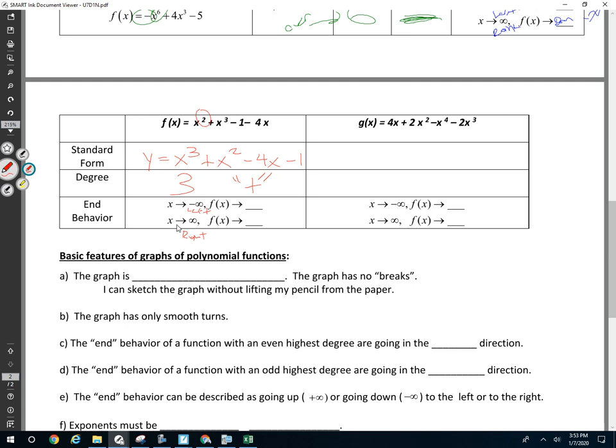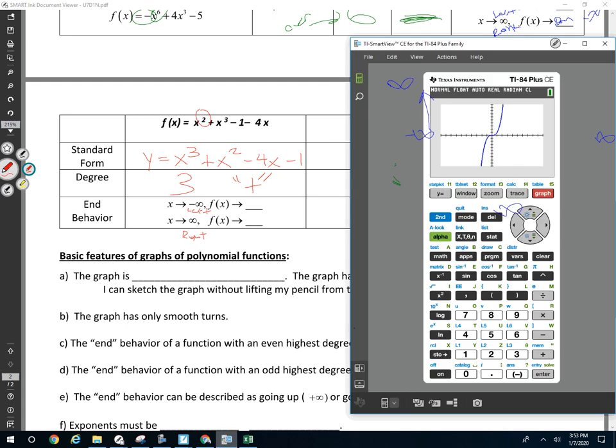What does x to the 5th look like? What does x to the 7th look like? This is x cubed. This is x to the 5th. This is x to the 7th.